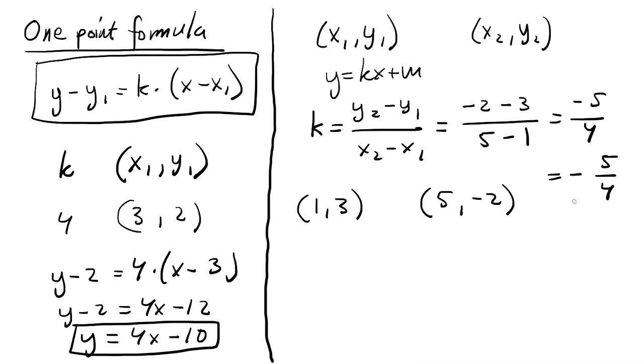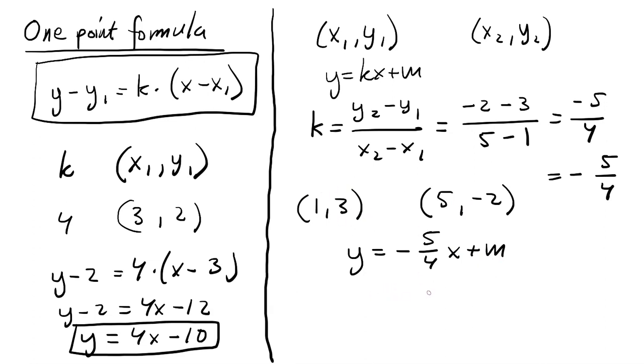Okay, so then we have k. So now we know that the line must be minus 5 fourths x plus m. But then we only have to figure out m, and then we are back at the situation we had a while ago. We know 1 point here, or we know 2 points, so that we can take any of these 2 and use that to find out m. So let's just take the first one for simplicity.